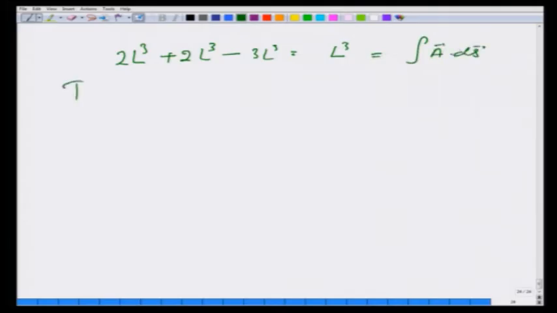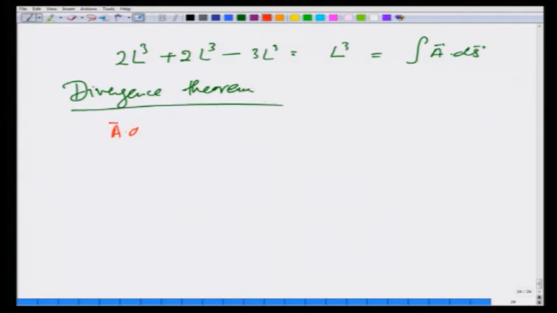Let us now apply divergence theorem and see if this gives the same answer. According to divergence theorem, A dot ds is going to be divergence of A integrated over the volume, and A being 2x in the x direction plus 2y in the y direction minus 3z in the z direction.